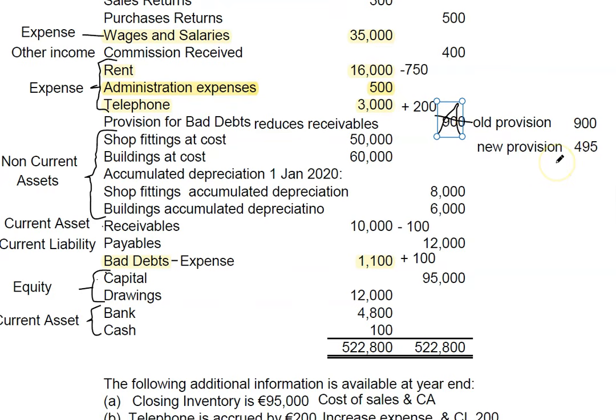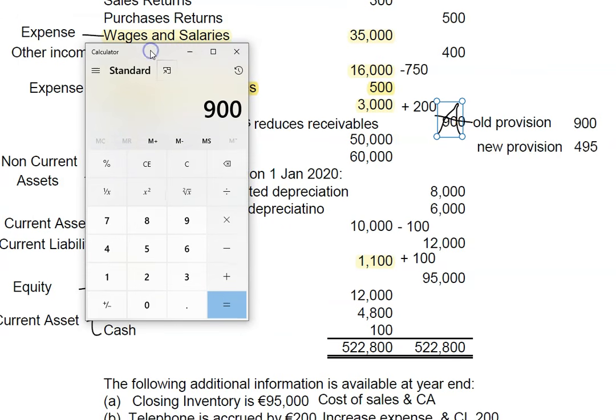What goes into expenses is the movement in the provision. And so we can see here the provision was 900, and it's gone down by €405. So that's a reduction of €405 on the provision. That's what goes into expenses.